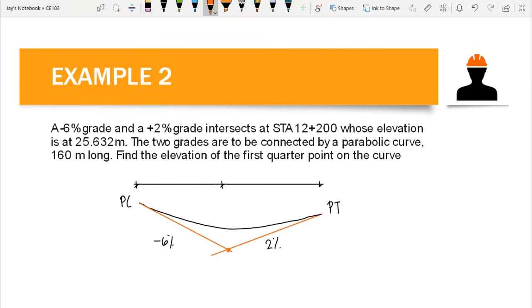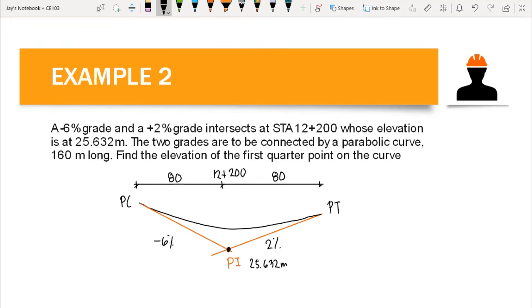Okay? So this is our PI. And PI again has elevation of 25.632 meters. So this is the elevation at this point, and the station is 12 plus 200. So the question is, find the elevation of the first quarter point on the curve, and the length of the curve is 160 meter. Okay? So we have 80 meters between PC and PI and 80 meters from PI to PT.